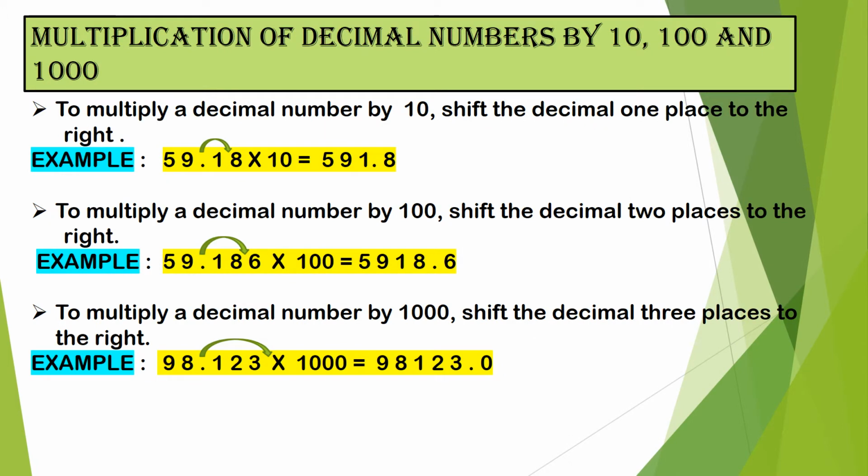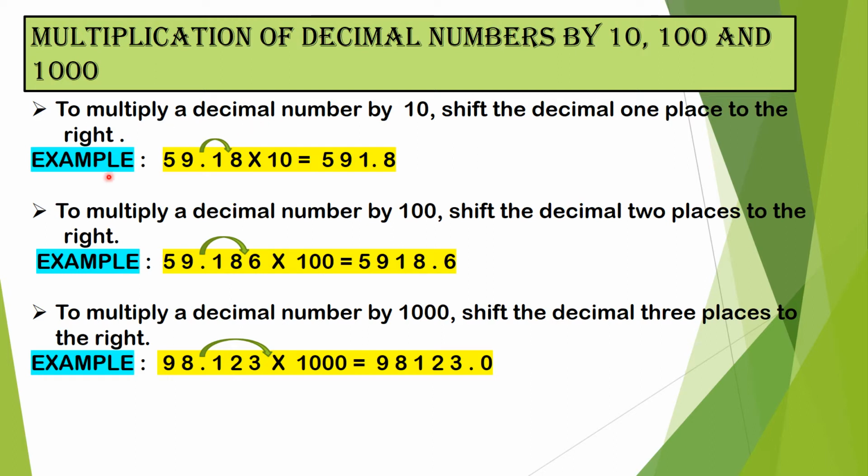Multiplication of decimal numbers by 10, 100 and 1000. Children, you must know how we shift the decimal places to multiply a decimal number by 10, 100 and 1000. To multiply a decimal number by 10, shift the decimal one place to the right.